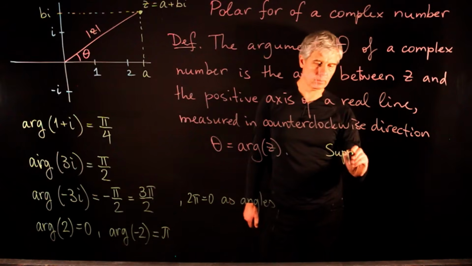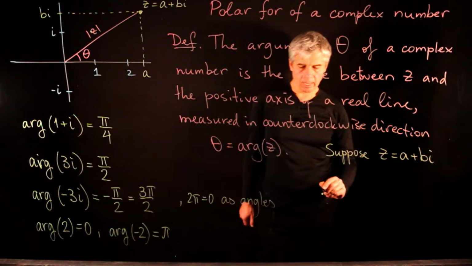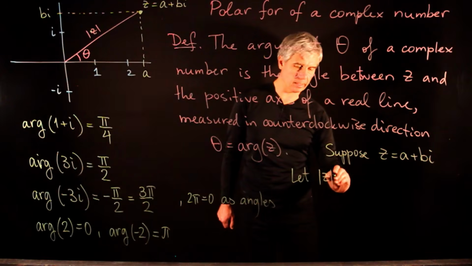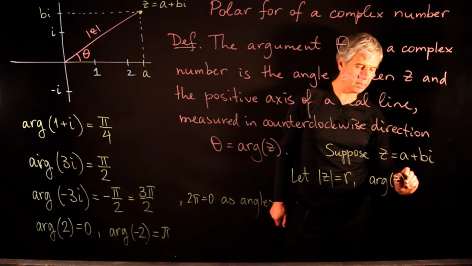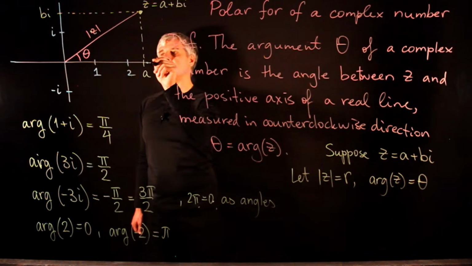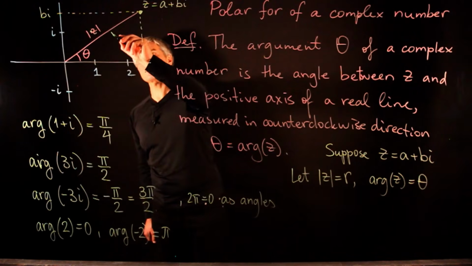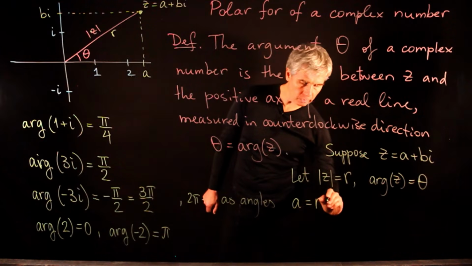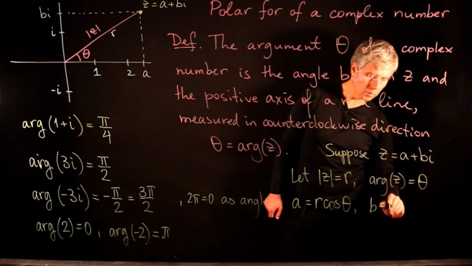Suppose z is a plus bi. And so let us look at the norm of z. Let's denote the norm of z by r, and the argument of z, let's denote it by theta. Then we can express a and b in terms of the norm of z and theta. So now the norm of z is equal to r here. And so what we see is that a is equal to r cos theta, and b is equal to r sine theta.